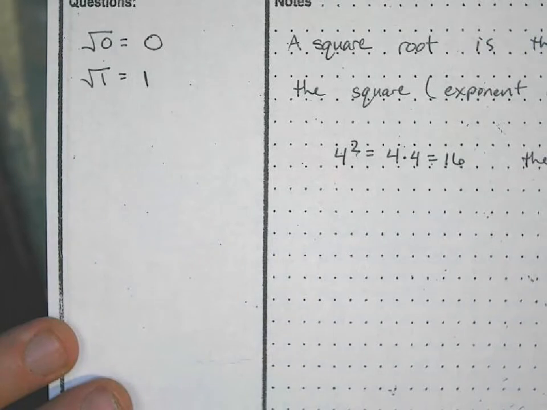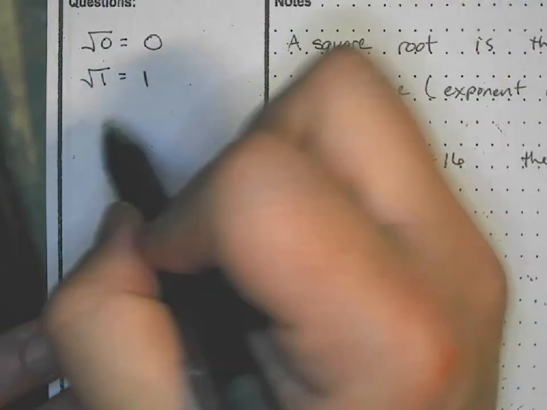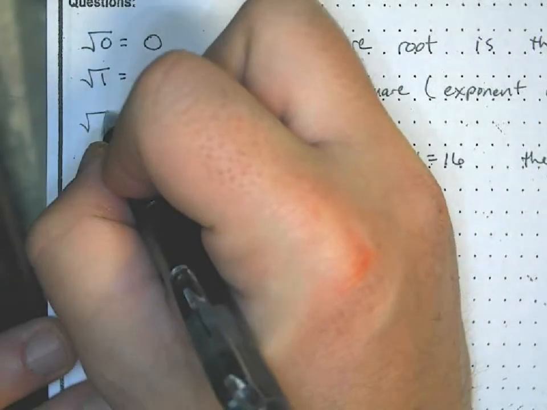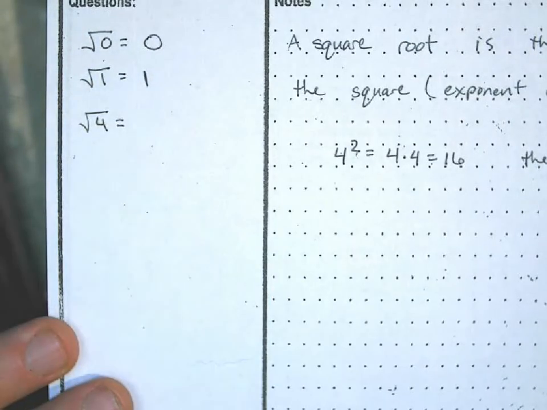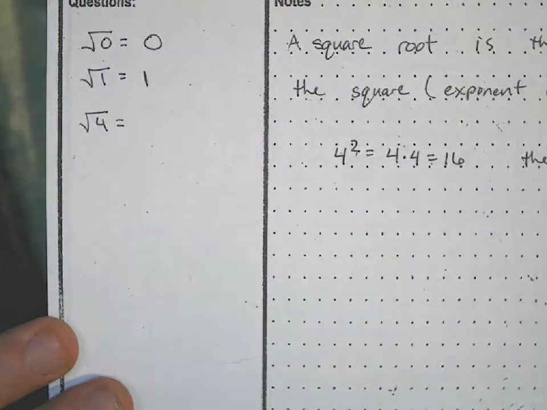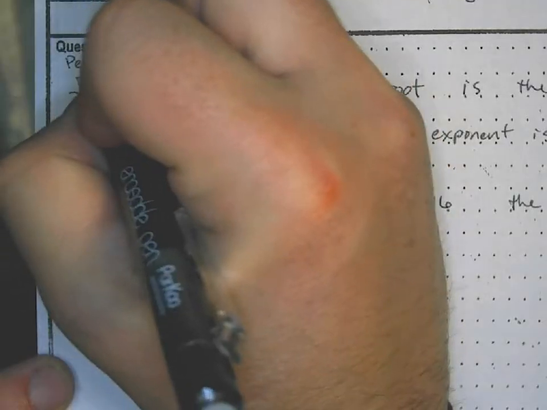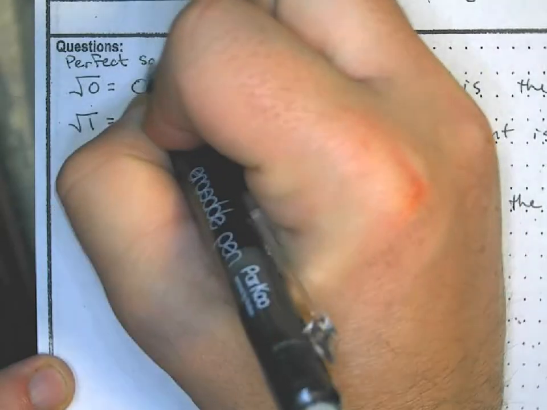Well, 1 times 1 equals 1. Okay, then there's no perfect square root of 2 or 3, so we'll say square root of 4. What number times itself equals 4? 2. Let's label these. These are perfect squares, perfect square roots.